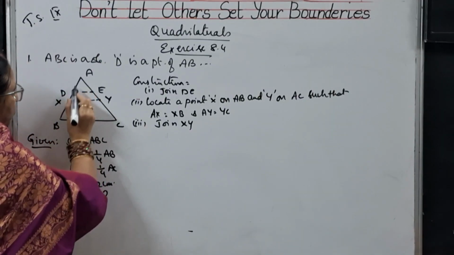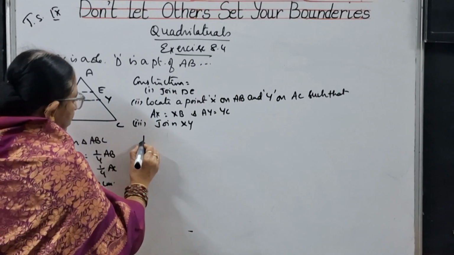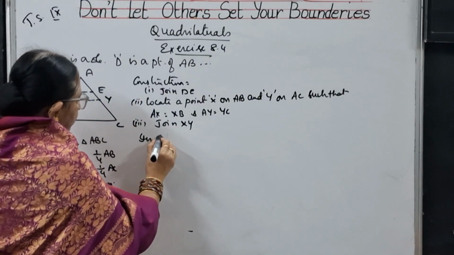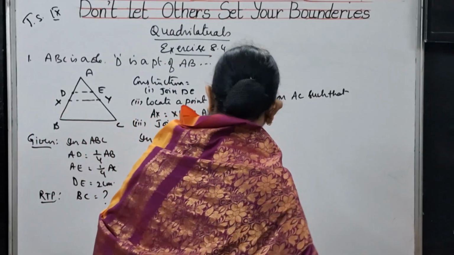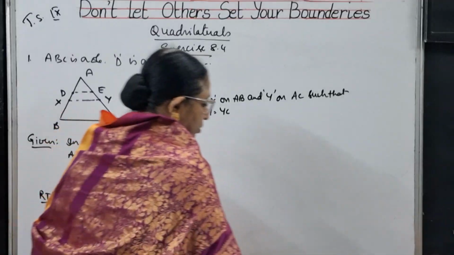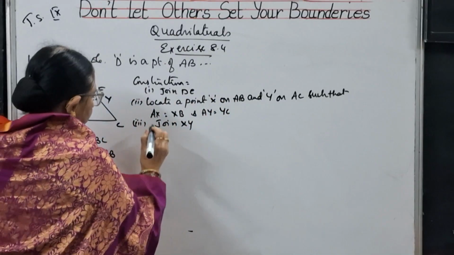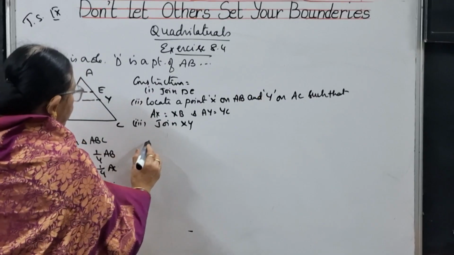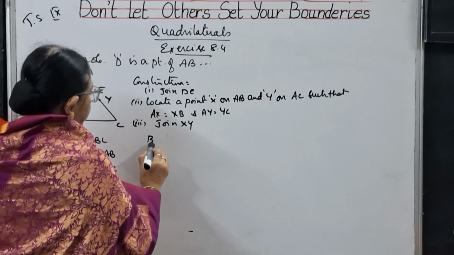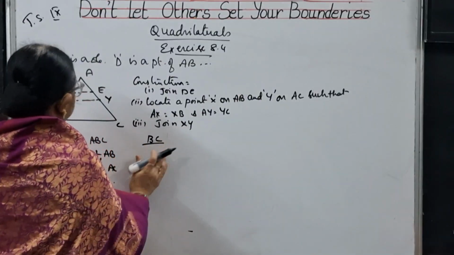Similarly, when AD is 1/4 of AB, here in the triangle, this is how the value will be obtained, that we are going to do here. It is actually not a proof, it is the sum we are doing, calculating BC. How will you find out BC?